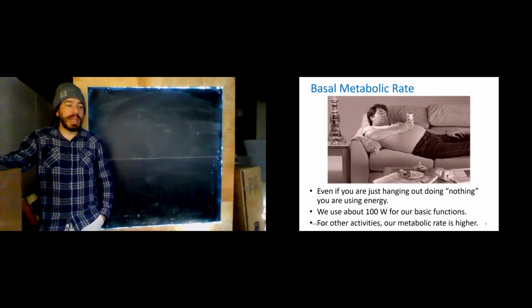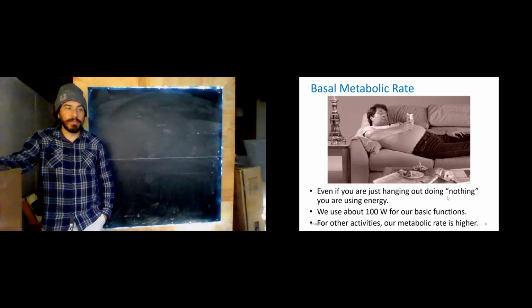And we call this the basal metabolic rate. And so here's this guy. He's hanging out on the couch. It's hard to imagine this person expending fewer calories. I suppose he could set his beer on the floor instead, perhaps. But even just doing nothing, this person is running at about 100 watts.